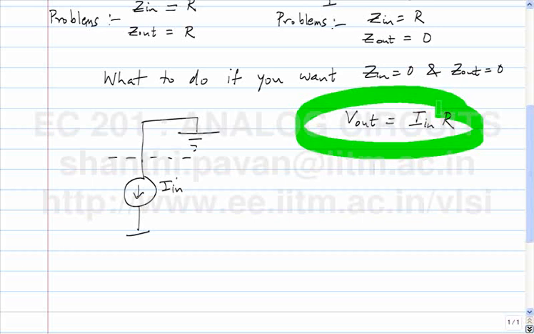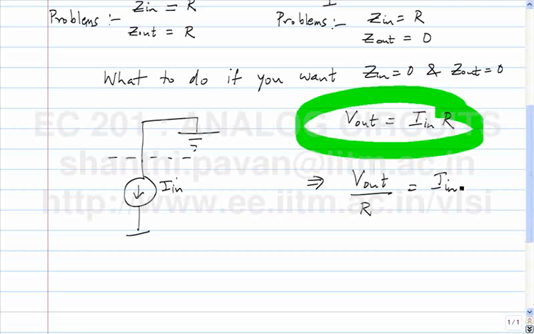What does this mean? It means V out is I n R, which is also equivalent to saying V out by R is equal to I n. Now, does this ring a bell somewhere? So you're in the lab, I gave you a current I n, I want you to produce a voltage V out which is dependent on this current.